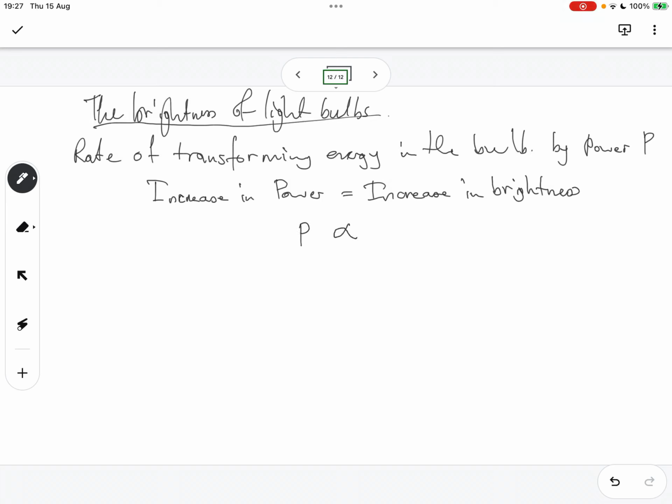So that means power is directly proportional to resistance. So power is directly proportional to resistance.